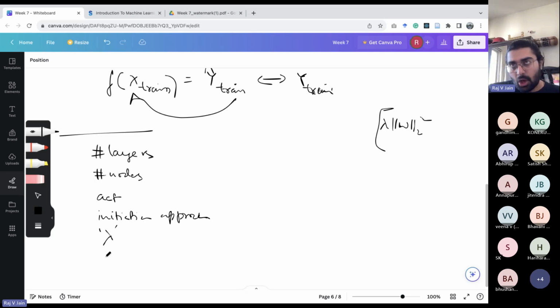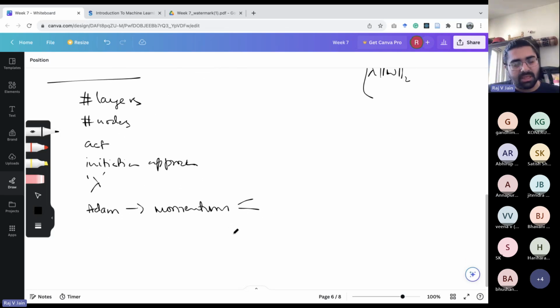Based upon some optimization algorithm that you use, for example, the Adam optimizer has things like momentum updates and all of that. So that has some parameters in it. All of these are hyperparameters, something which cannot be learned from the data, right?